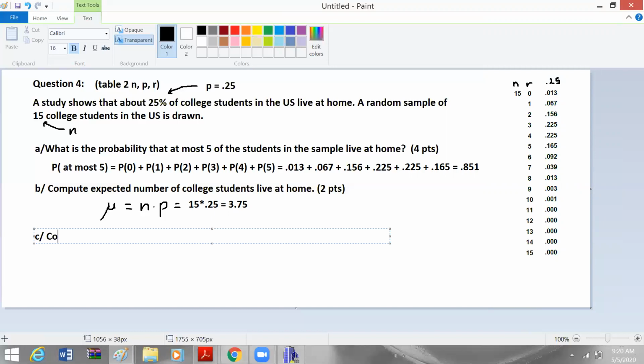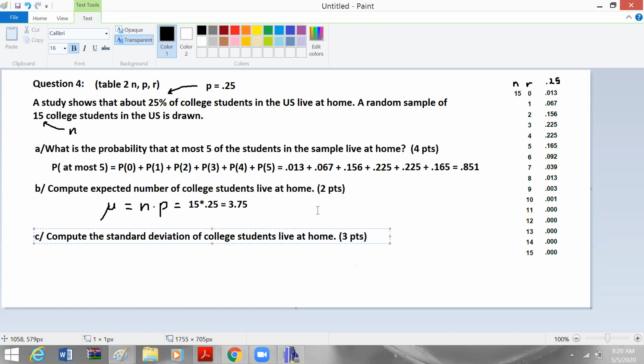And finally, we're going to compute the standard deviation, right? So for the standard deviation, we need to take the square root, multiplying something of the college students who live at home, right? So this question is going to give us 3 points as well.